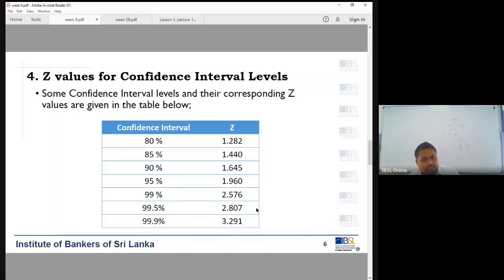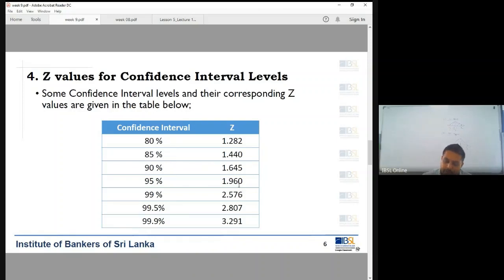In practice, if you ask me, will we be given a question to calculate these intervals? I could say any examiner with a sensible Z table being given at the back of the exam paper could ask you the same. However, due to the nature of testing, you have plenty of other areas to be tested also in this small number of hours. So there's a high probability that you will be given this value, say at 95% confidence interval, assume the Z value is 1.96.